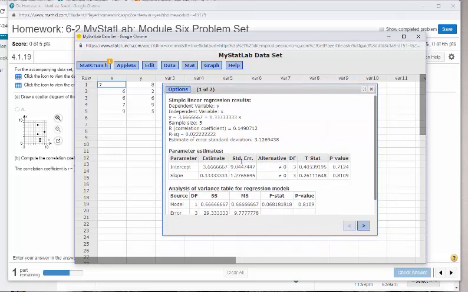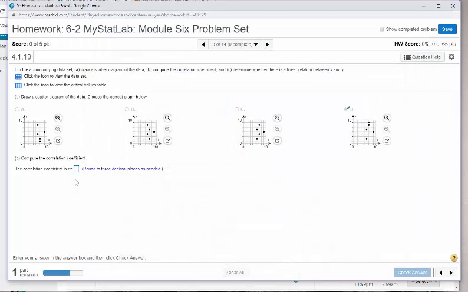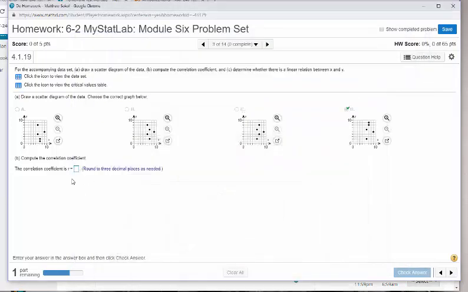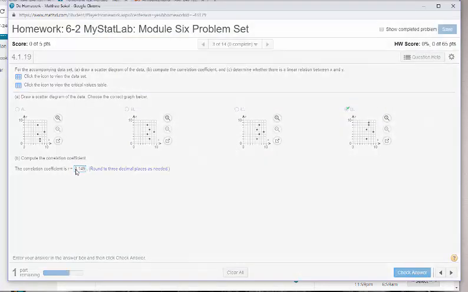We'll talk about this in the next example, but what you're interested in is the correlation coefficient, which is right here. It said round to 3 decimal places as needed, so I'm going to go to 0.149. And look, we got it right.